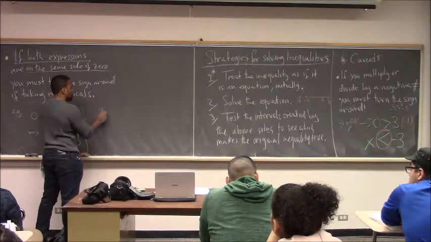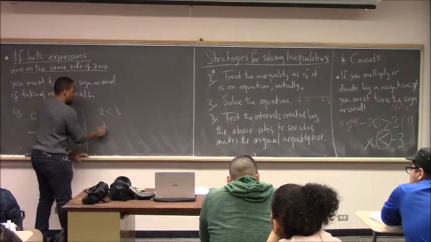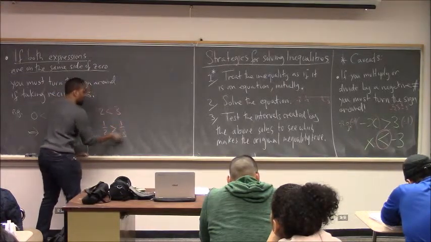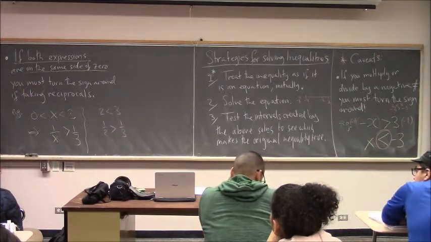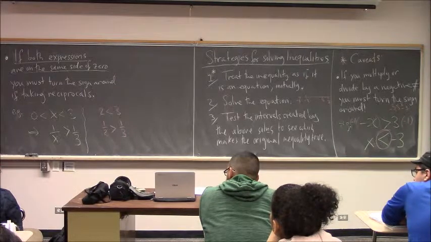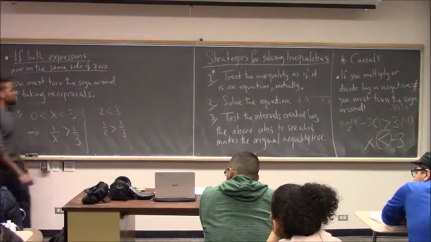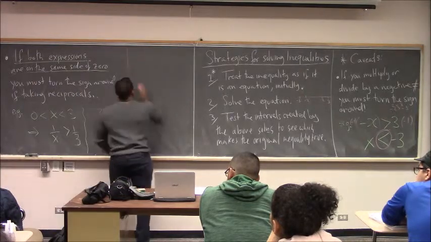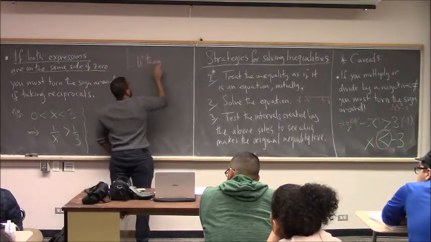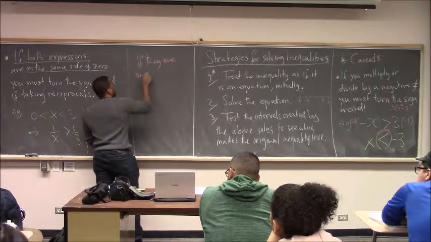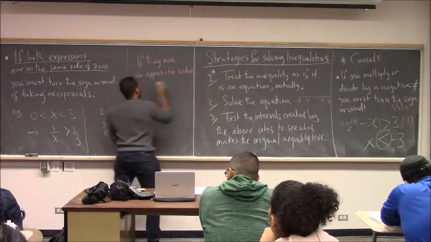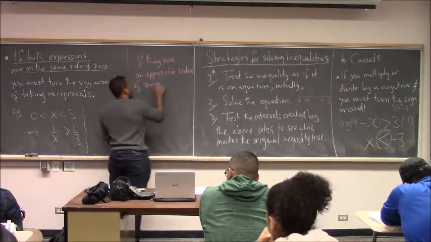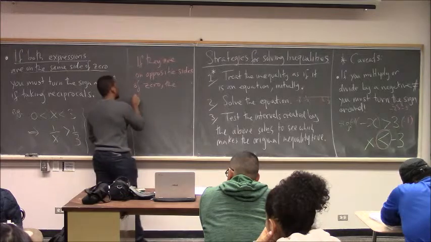To say that 2 is less than 3, it must be that a half is bigger than a third, and obviously that's true. So if you take a reciprocal, you have to turn the sign around, as long as they're on the same side of 0. If they are on opposite sides of 0, the original symbol stays.